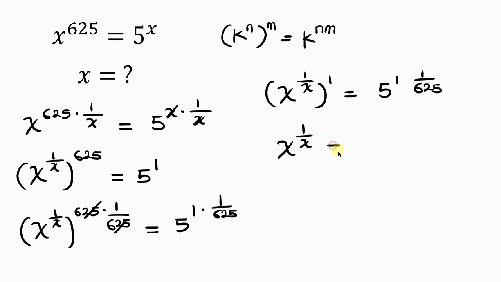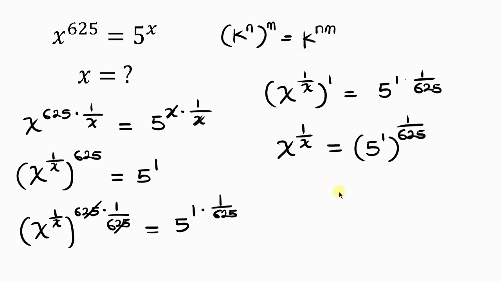And this is equal to, now on the right hand side, there is something I want to do. I'm going to be writing 5 to the 1, and I'll raise this to the 1 all over 625. It is actually the same thing, according to the law of indices.